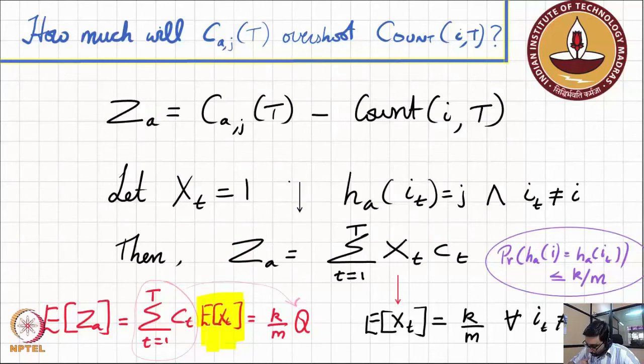But keep in mind that E of xt is the same for all items, as long as it is not equal to I. So you can take that out, and moreover, notice that the summation over all t of ct is nothing but the total summation q over all items and over all time. So we therefore get this bound on the expectation of ZA.